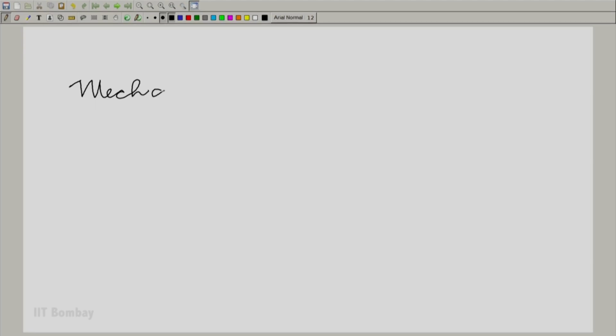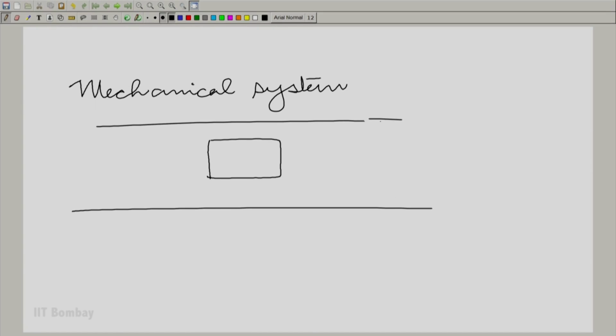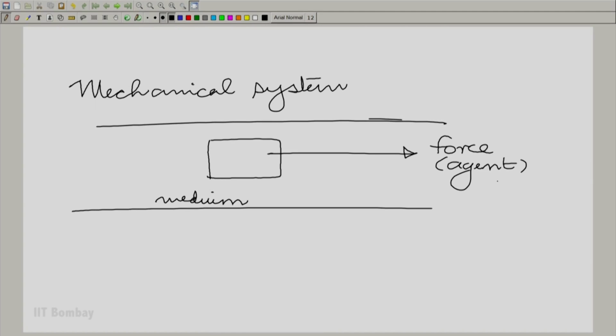So, let us take the mechanical system. In the mechanical system, we shall assume that we have a mass placed in a medium. Let us just draw the medium around it, so that if I applied a force to this mass, treating the force as an agent if you like, the agent has to overcome two aspects of the mass.